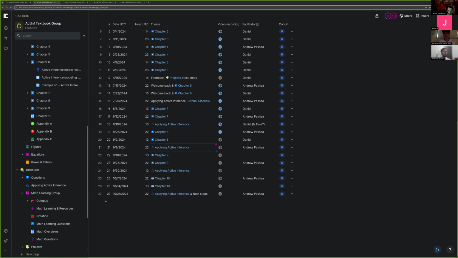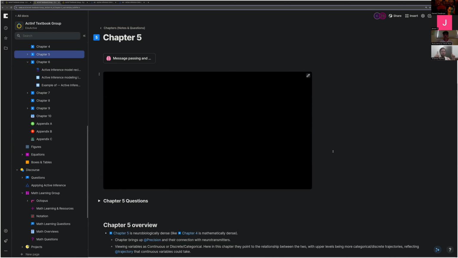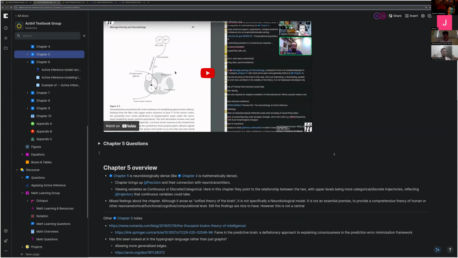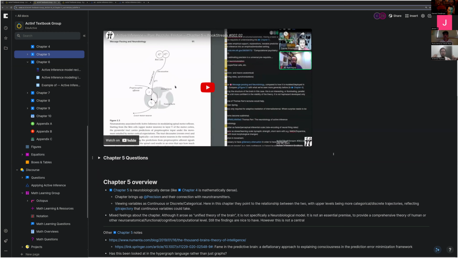And in reference to the textbook, chapter 5 to me really sticks out from almost the entire rest of the textbook. The rest of the textbook is a lot of verbal explanation, relation to other fields, mathematics, models. In chapter 5, we're really talking about an attempt at the brain here. And there's a table linking the different precision weights and which neurotransmitters, like dopamine or serotonin and so on, that we think they're linked to.